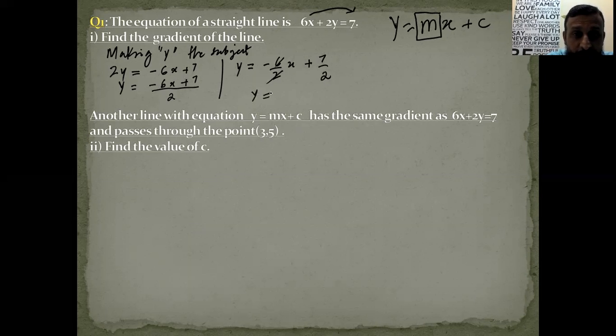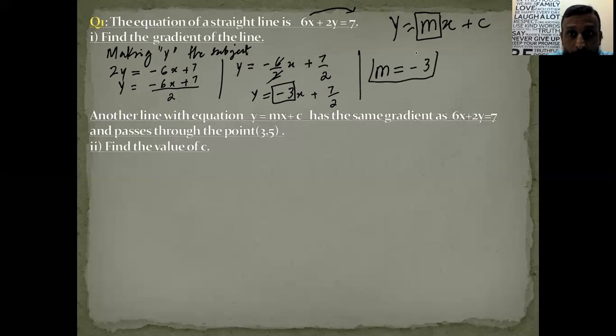So we have minus 3x plus 7 upon 2. Now, my dear students, what is the coefficient of x? You can see in this equation, it's negative 3. So therefore, the required gradient m is equal to minus 3. I hope this concept is clear to you guys.